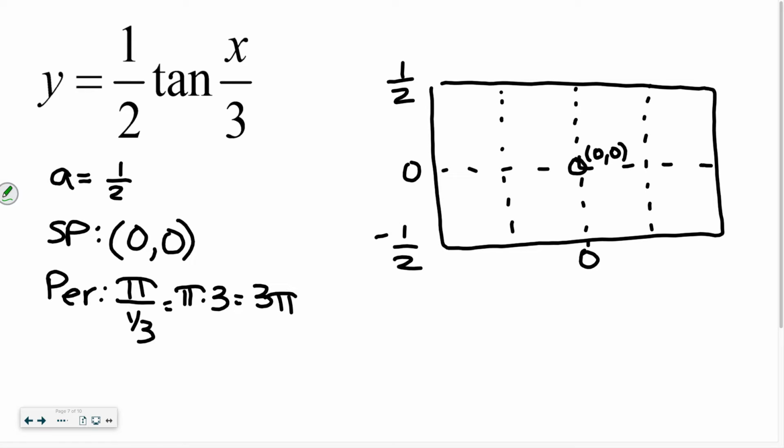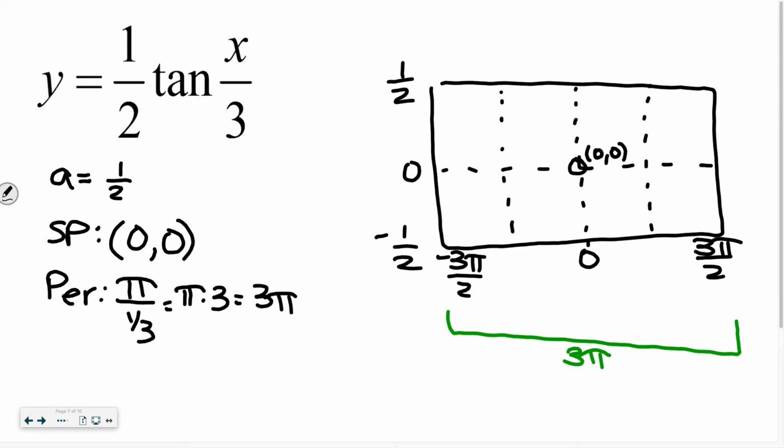And then remember the weird part about putting your starting point in the middle is you want from left to right to be one period of 3 pi. So that means you have to do half of that on both sides. So 0 plus 3 pi over 2 gets me to 3 pi halves, and minus gets me to negative 3 pi halves.